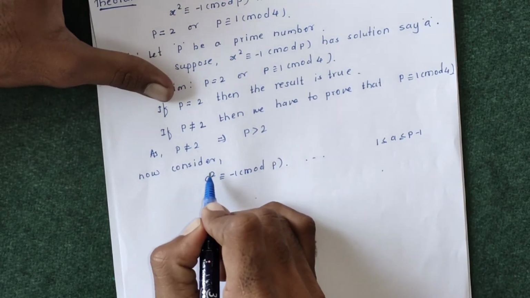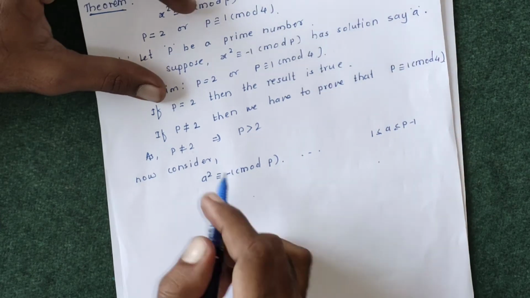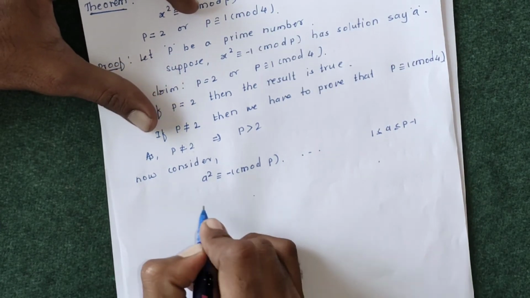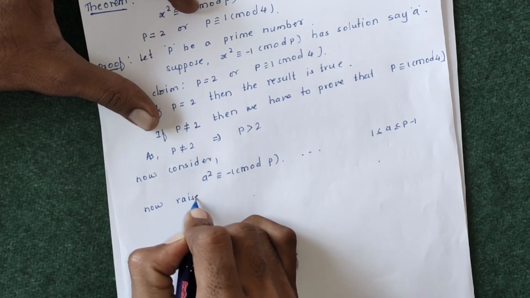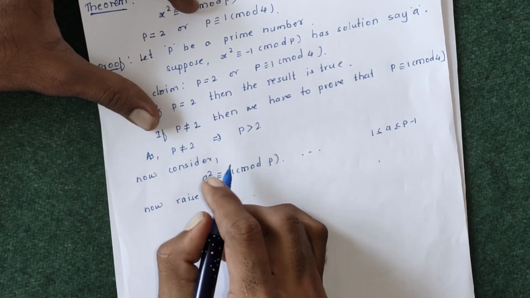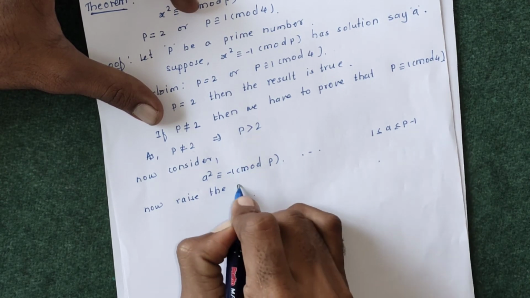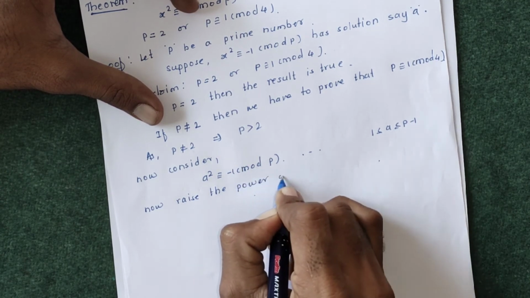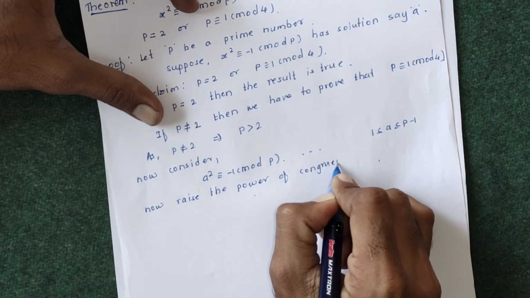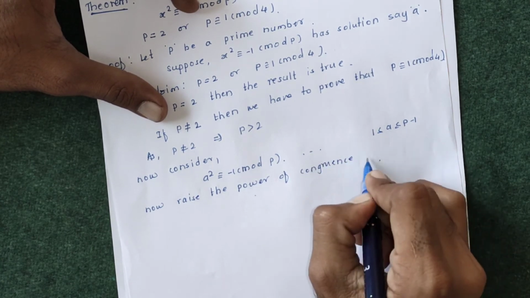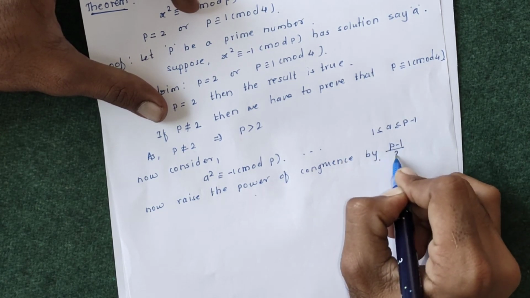So a square is congruent to minus 1 mod p. Now we are going to raise the power of both sides by p minus 1 by 2.